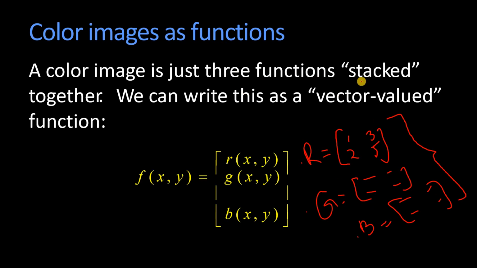So normally they are just stacked together. Stack means they are put together. Stacked means just like you put on top of each other. One and then the other is on top of that. Okay. So you see over here the R matrix, the G matrix and then the B matrix. They are put together. We call it a color image.